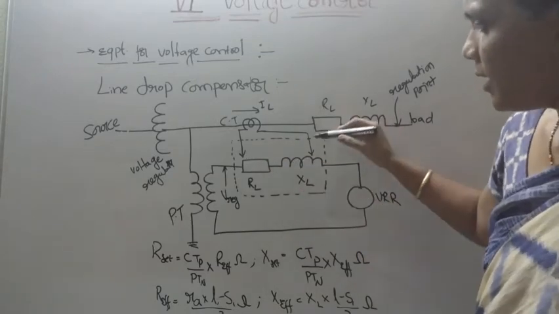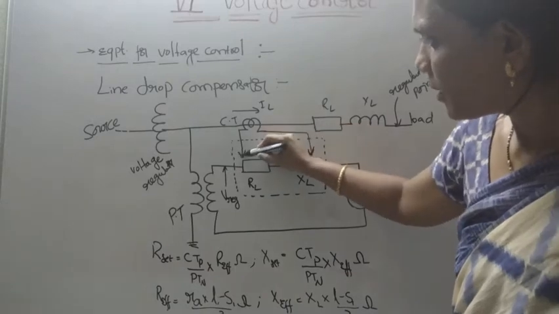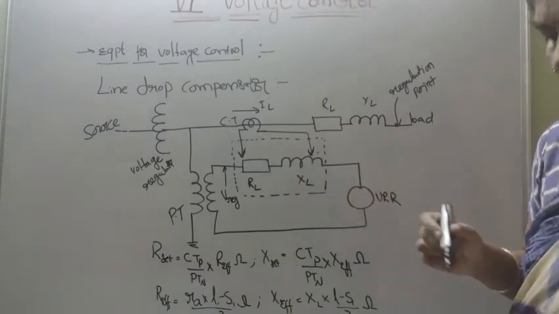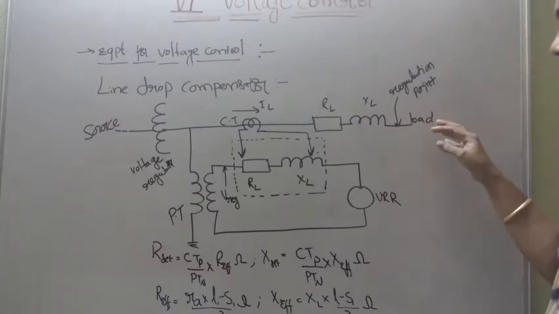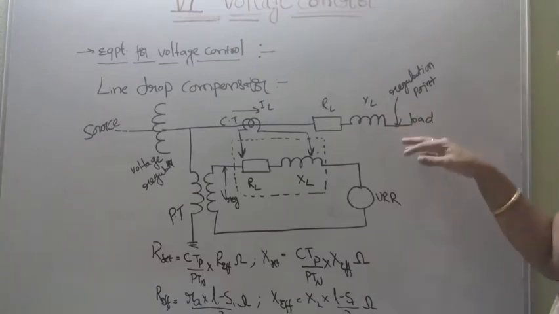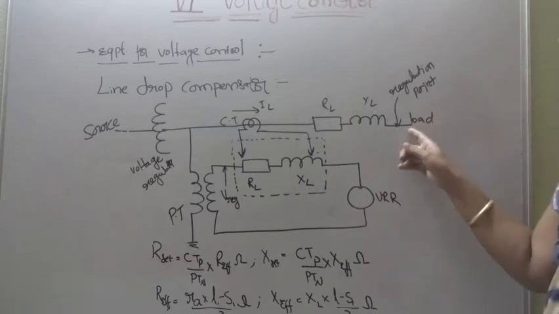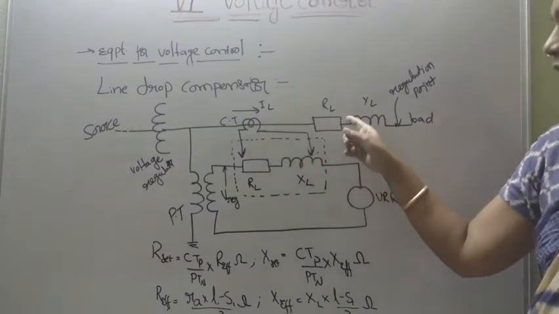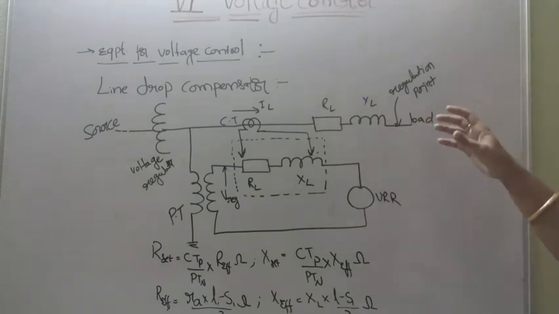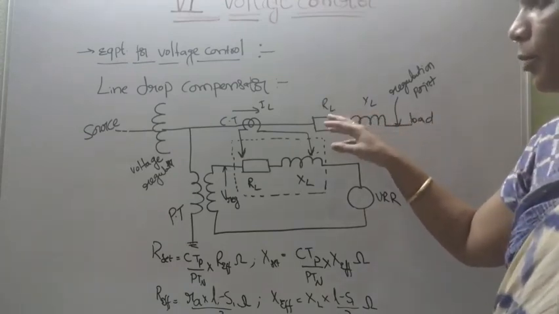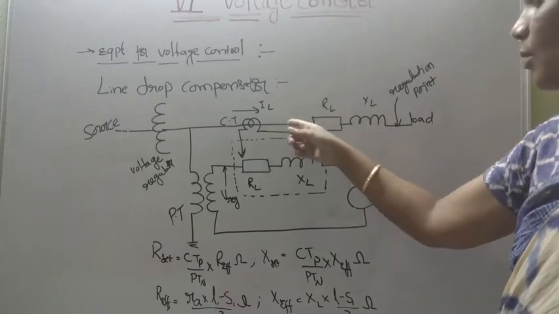That's why I have shown you an arrow mark. This is also variable and this is also variable. When you change a load on the feeder, definitely a voltage drop will come into the picture. Am I right? So you may not maintain the voltage constant throughout the line.